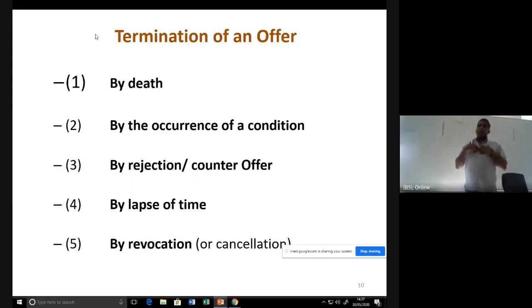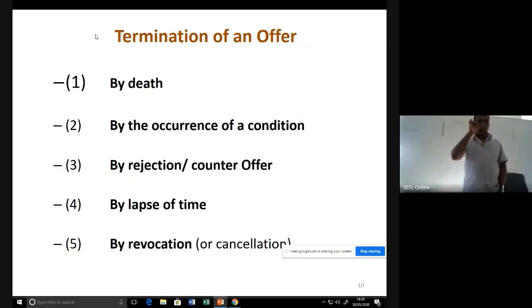If I'm making an offer addressed to a particular person, say I address my offer to Nimal, and if Nimal dies, the offer comes to an end. So the first thing you have to remember: if the offeror is dead, the offer comes to an end.